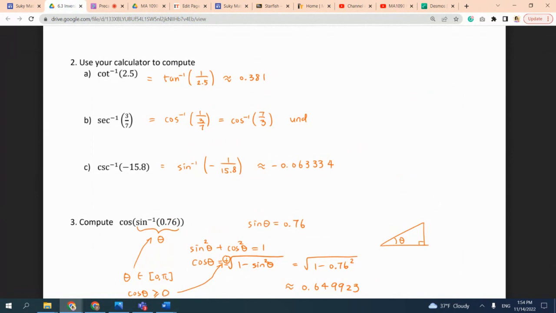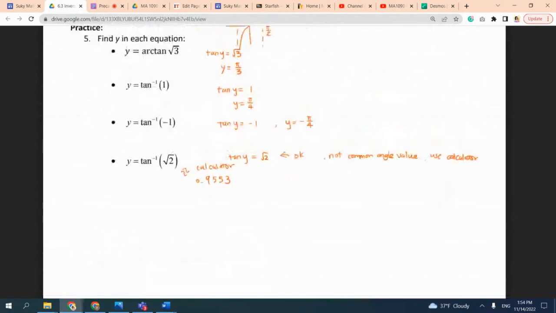So if you want to compute arc tangent of some number, you just type it in. But if you want to compute arc cotangent, remember cotangent is the reciprocal of tangent. So this is how you compute: you put arc tangent of the reciprocal, 1 over 215. Okay, everybody? And arc cosecant is the reciprocal of sine, so arc sine of 1 over that. So this is how you compute that using your calculator.